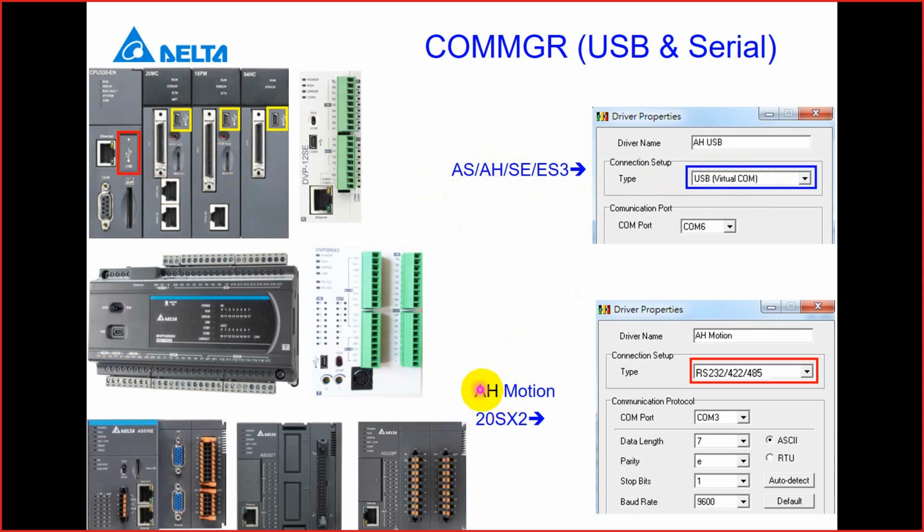But if you use AH motion modules, like this one which is already phased out, 20MC, then the pulse check module, 10PM, or high speed counter, and for DVP, like the DVP20XX2, this one is actually based on serial.